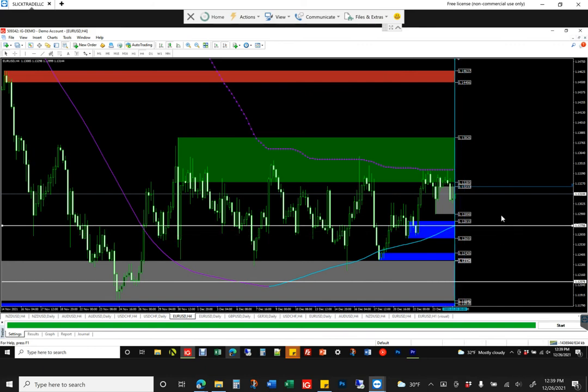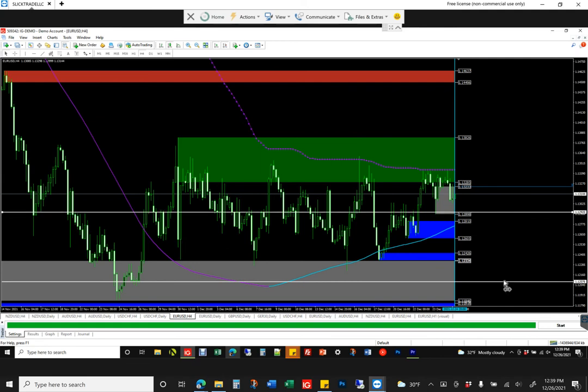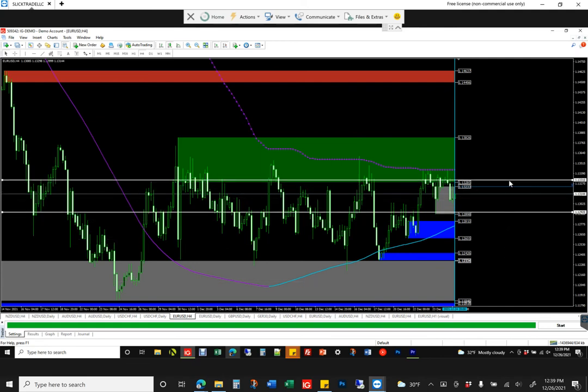We are going to look at, say, roughly here and here. These are pretty clear support and resistance levels, but we do want to make sure that we're in the 25 to 50, 37 pips. Beautiful.